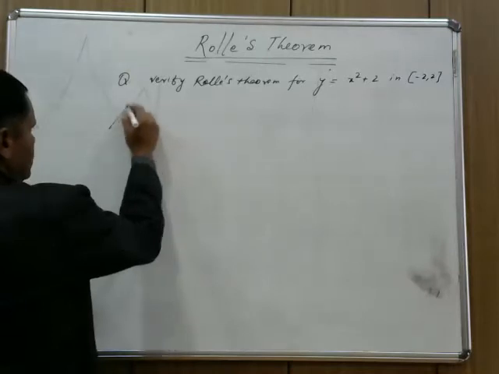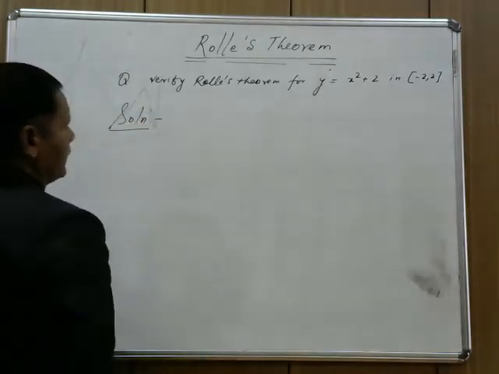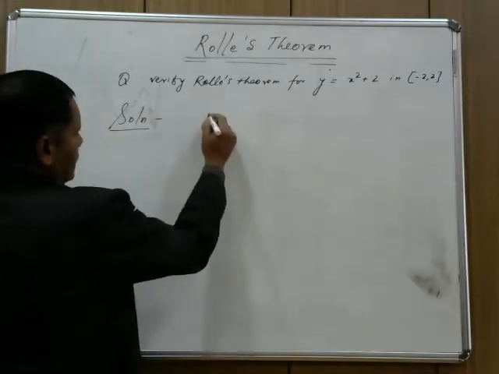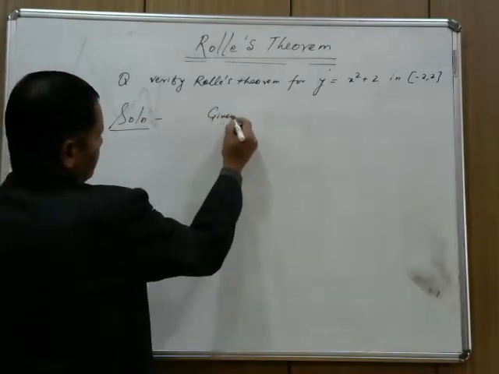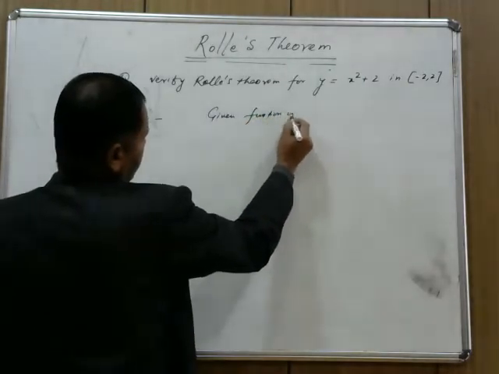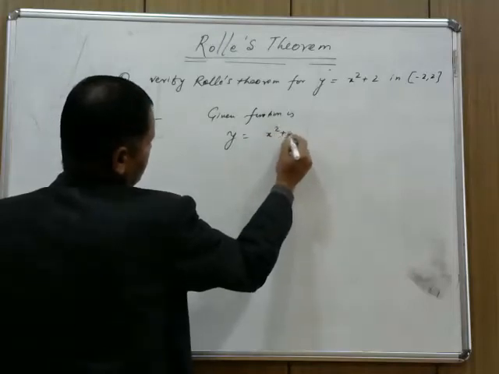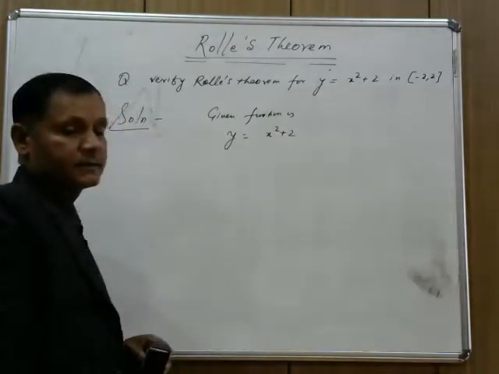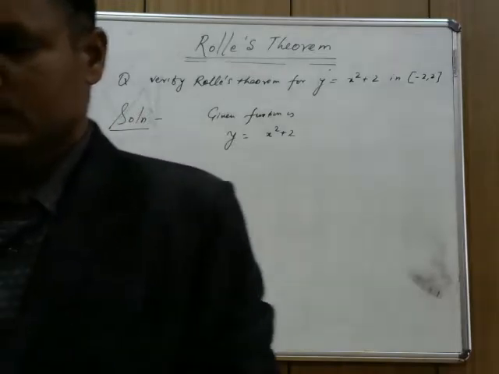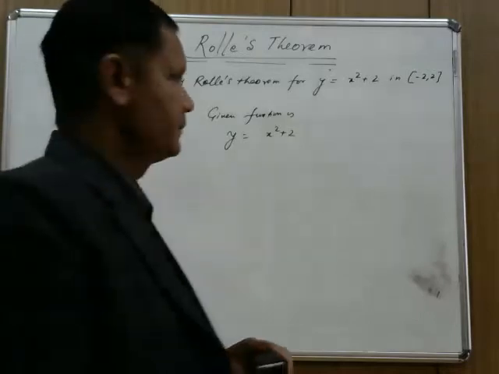Now, see the solution. Now tell me, the given function is y is equal to x square plus 2. Which type of function is it? Y is equal to x square plus 2 is a polynomial function, right?